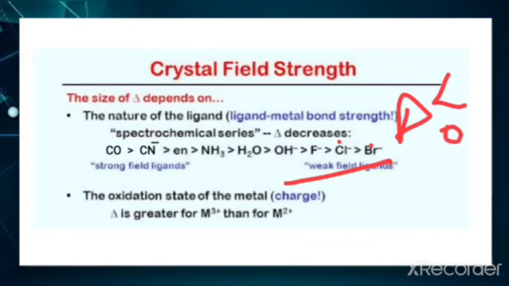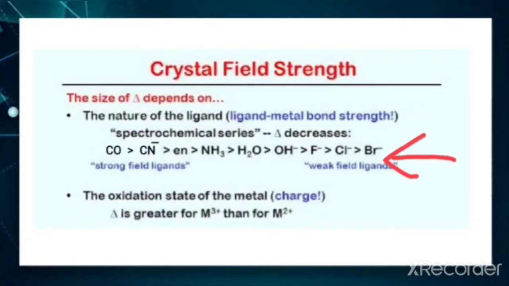So in general, the ligands are arranged in a series in order of increasing field strength. This series is called the Spectrochemical Series. It is given here. This is the Spectrochemical Series in which the ligands are arranged in order of increasing field strength. You can see which ligands are on this extreme side. These are the stronger field ligands, and these are the weaker field ligands.